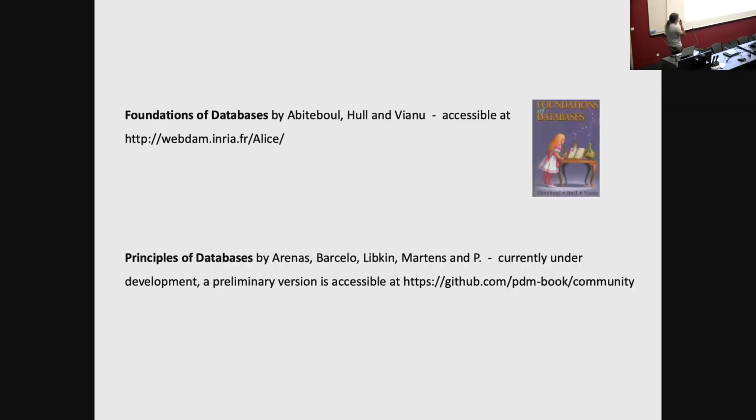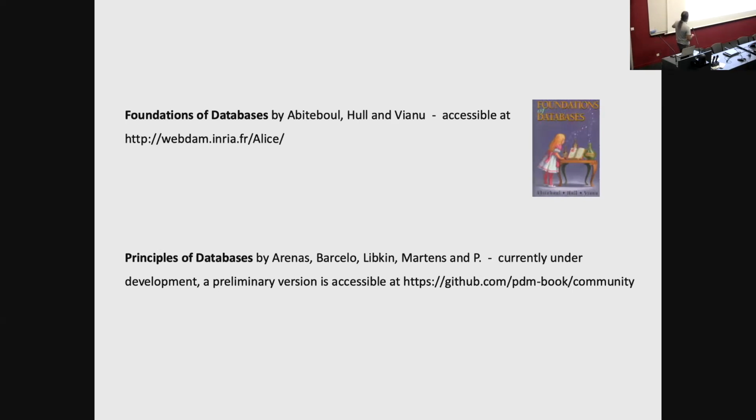Now, a couple of remarks. These are two good references for the material that I'm going to cover. The first one is the standard textbook about database theory, which goes back to the 90s, 1995, if I'm not mistaken, by authors you all know. The second one is something that we are trying to pull together, but it takes a bit of time, unfortunately.